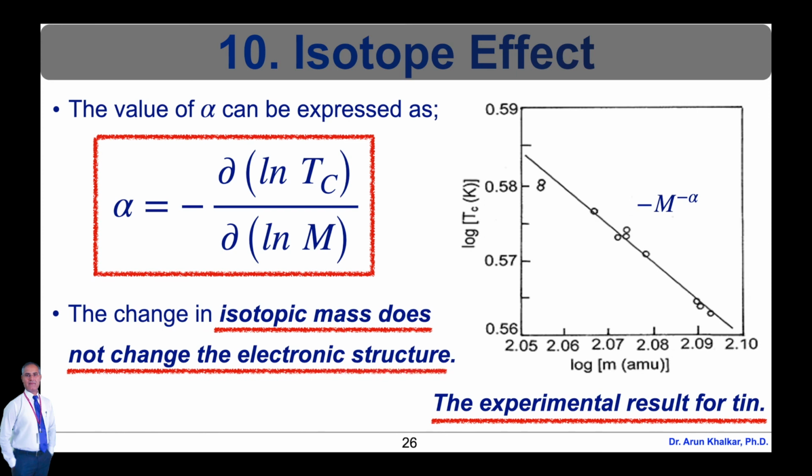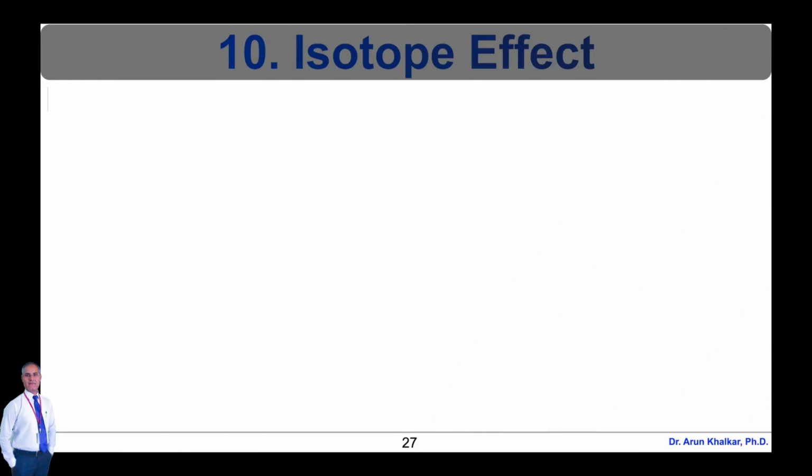Dependence of transition temperature on the isotopic mass suggests involvement of electron-lattice interaction. The figure shows the experimental results for tin, which show that as isotopic mass increases, the critical temperature keeps decreasing linearly.